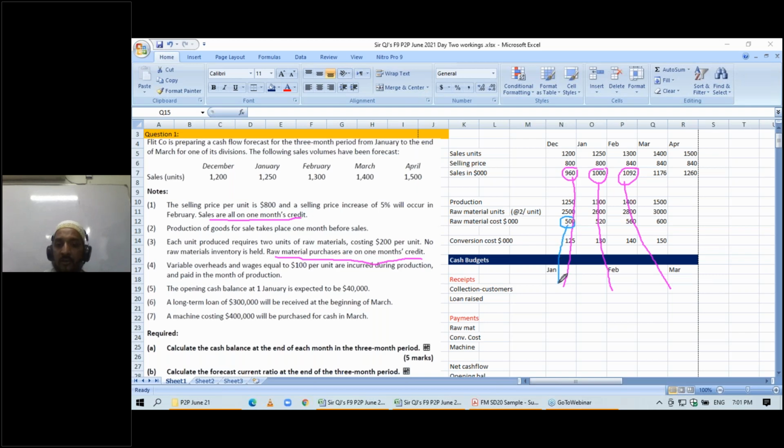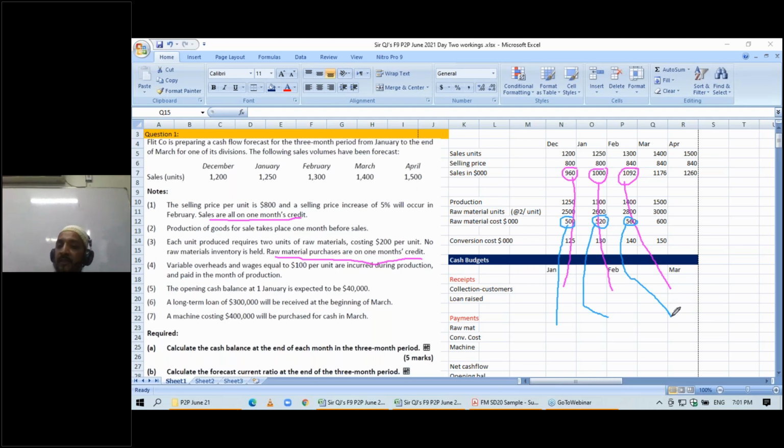This will be paid in January, and this 520,000 amount will be paid in February, and then 560,000 will be paid 1 month ahead in March. Okay, so it is important that you note properly when the payment occurs.